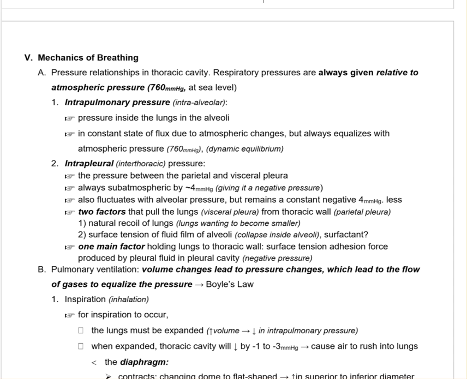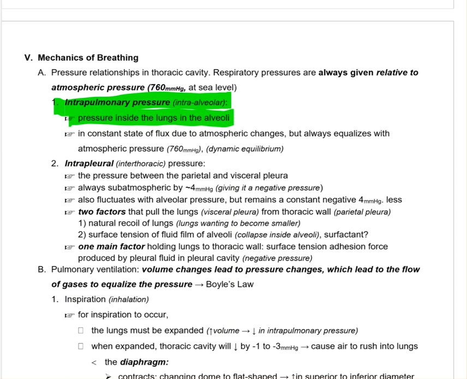So we want to look at intrapulmonary pressure, or intra-alveolar pressure. This is the pressure inside the lungs, in the alveoli. Obviously this is in a state of flux due to atmospheric changes, but it always equalizes with atmospheric pressure, because the inside of our lungs is connected directly to the outside of our body.